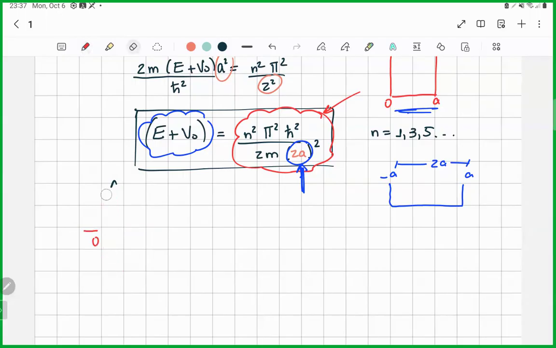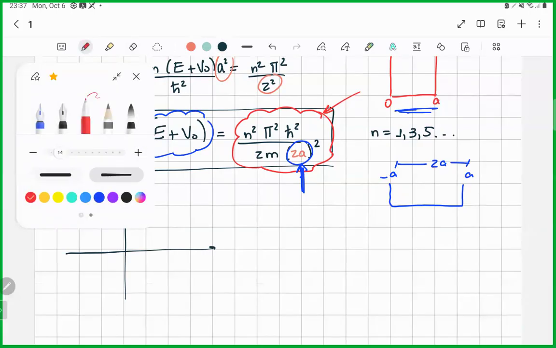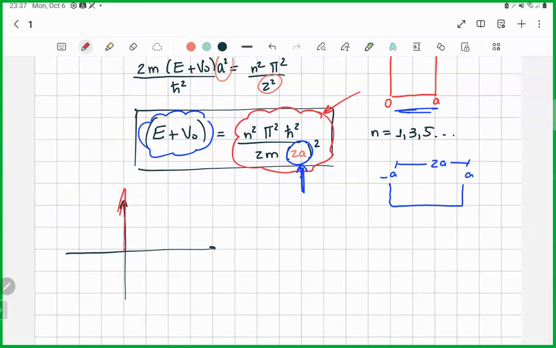I didn't do this well. Let me restart. For the infinite square well, we had an infinite wall at 0. The potential was 0 between 0 and A, and another infinite wall.